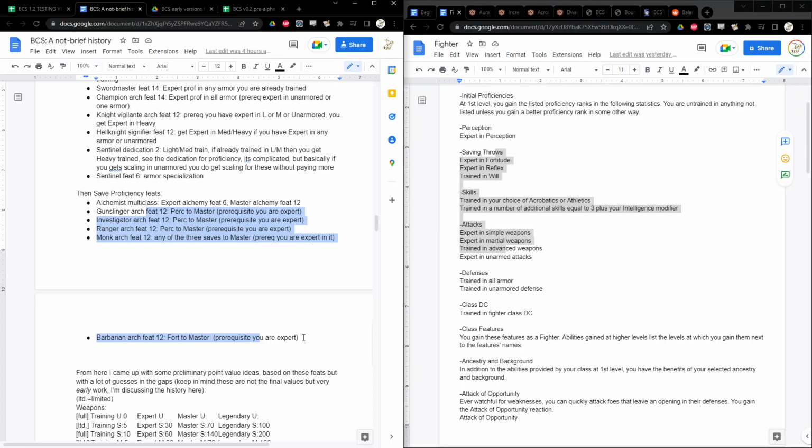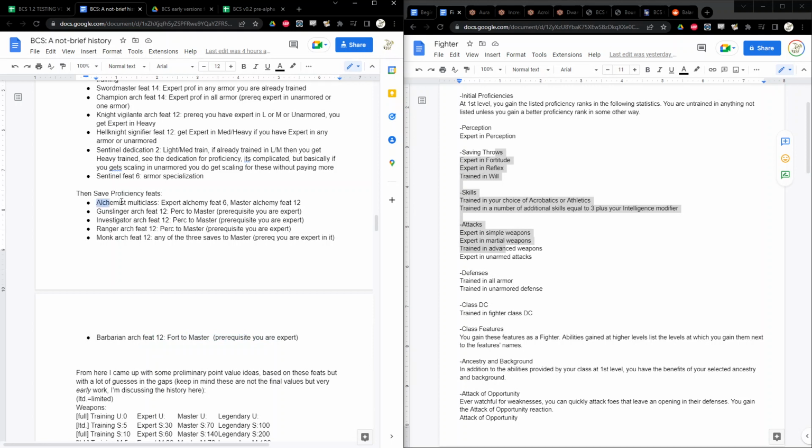Now, obviously, not all classes get their masters at the same level, but level isn't necessarily always tied to value. Sometimes you might have a level 13 class feature, but it still only costs 110 points because that class feature is master proficiency, and master proficiency is 110 points no matter if you get it at level 11 or at level 7 or at level 19.